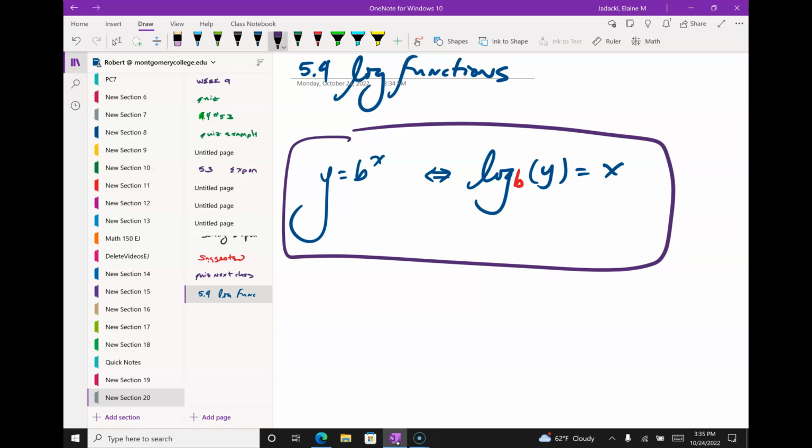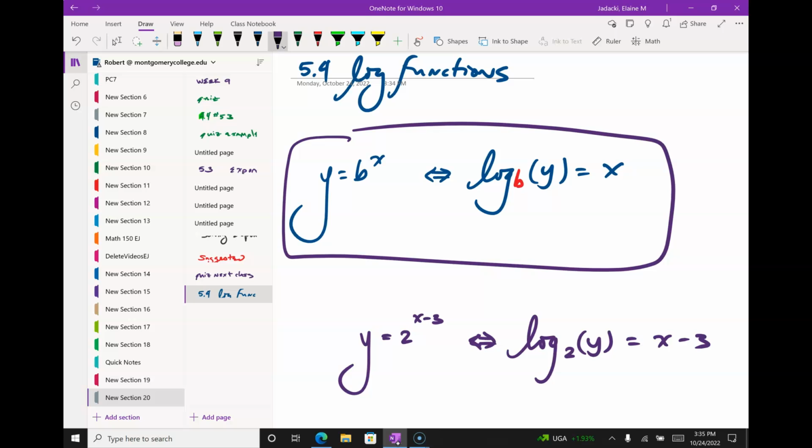So for example, if I have y equals 2 to the x minus 3, what's my translation here? Log base 2 of y is x minus 3.